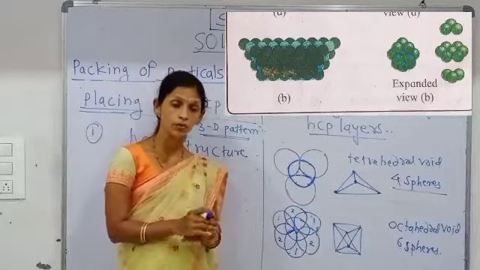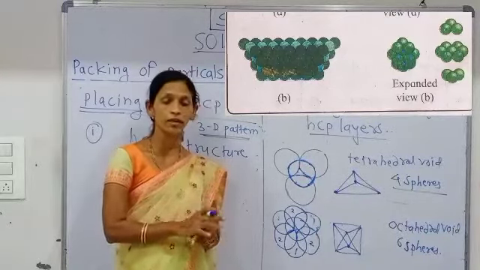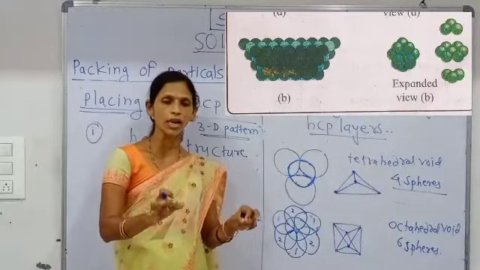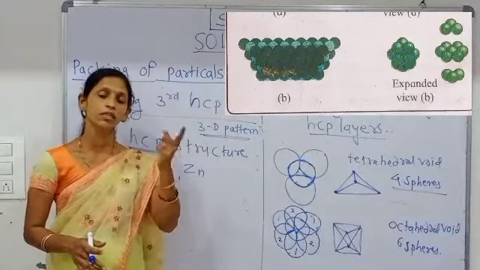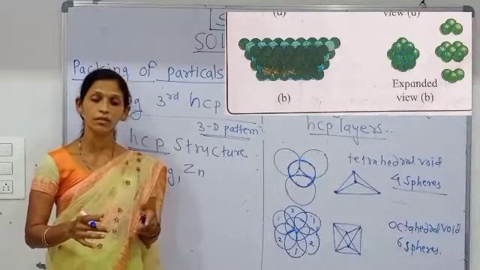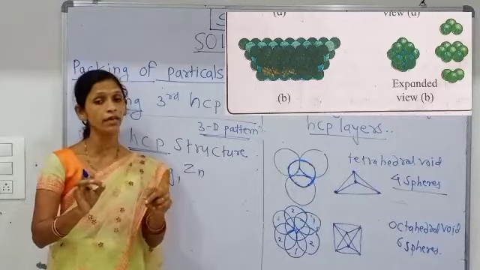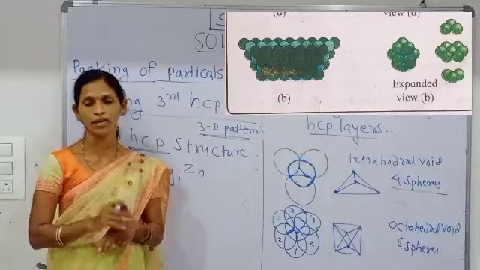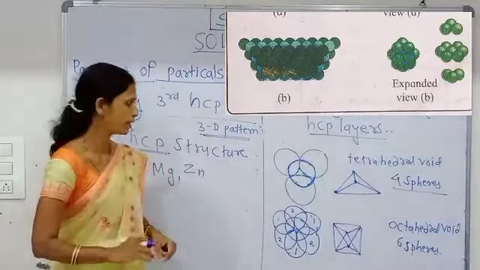Therefore, the spheres of the third HCP layer do not align with the spheres of the first layer as well as the spheres in the second layer. Therefore here the first layer is A type, the second layer is B type, and the third layer is C type.